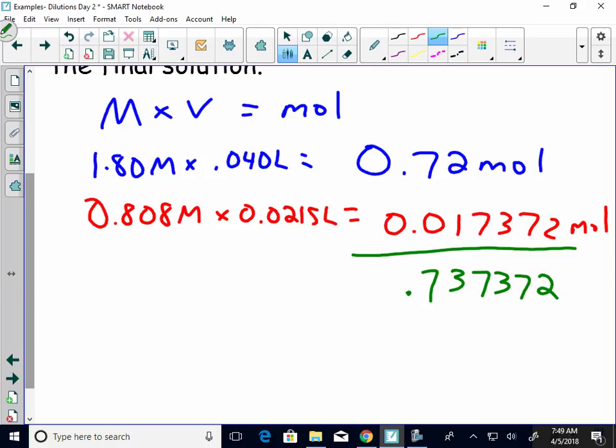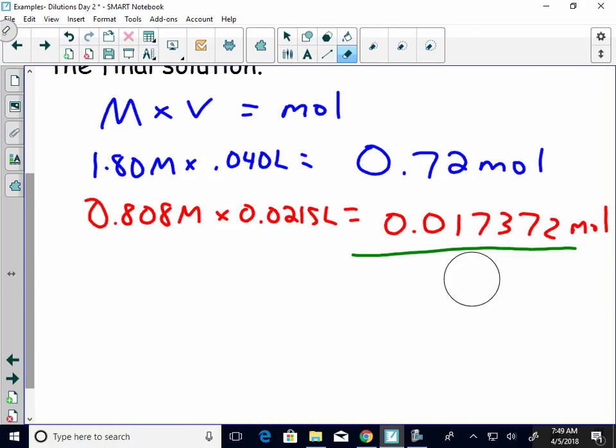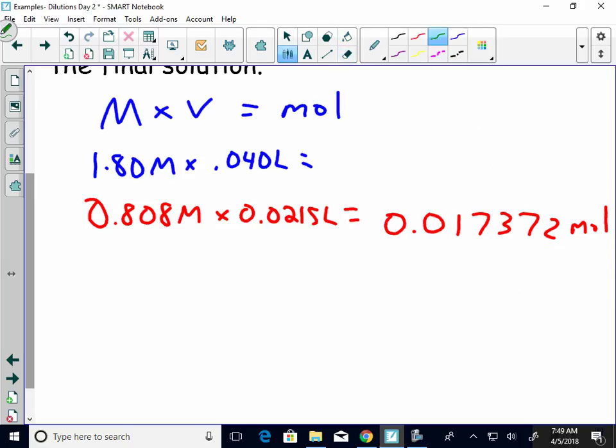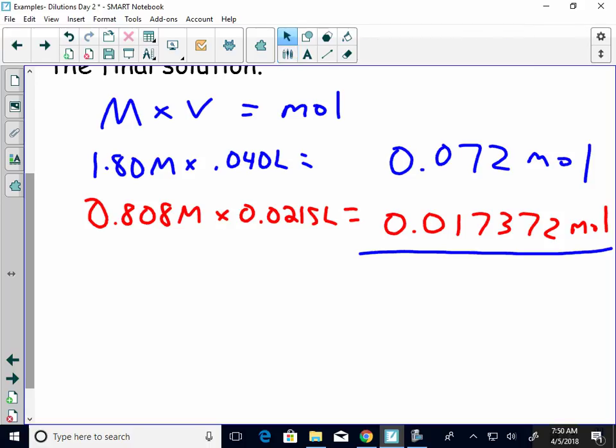Time out, let me go back, because this number's wrong, isn't it? 0.072, is that correct? Man, oh man, I'm having a lot of trouble reading this calculator this morning.